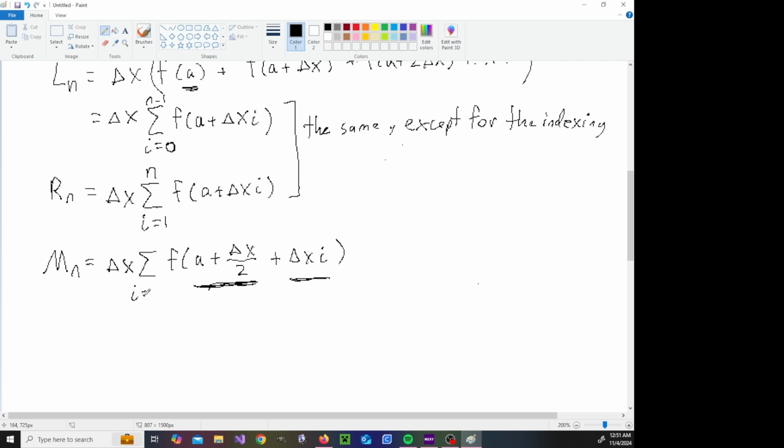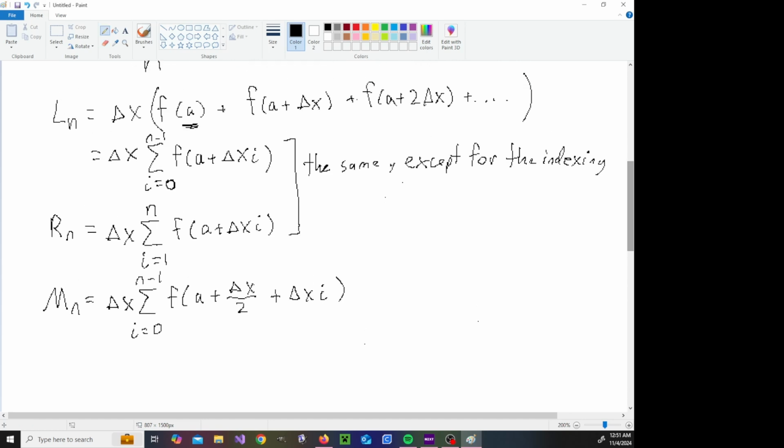On this one, again, i is going to be 0, and if I want n of these pieces that start at 0, I need to go up to n minus 1. So these are three formulas for setting up how I can figure out the area using each of these methods, and this is all written in sigma notation for n rectangles.